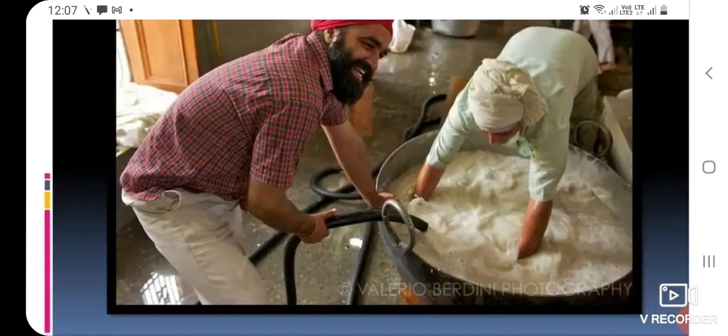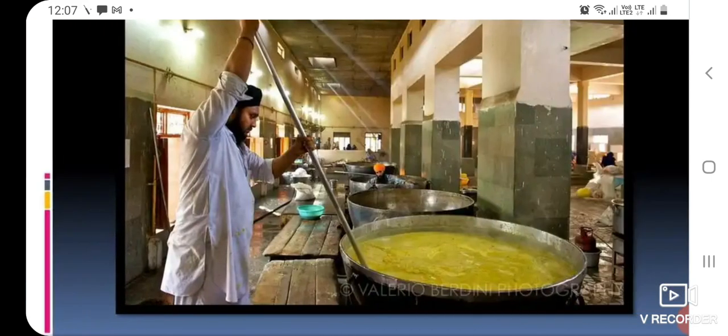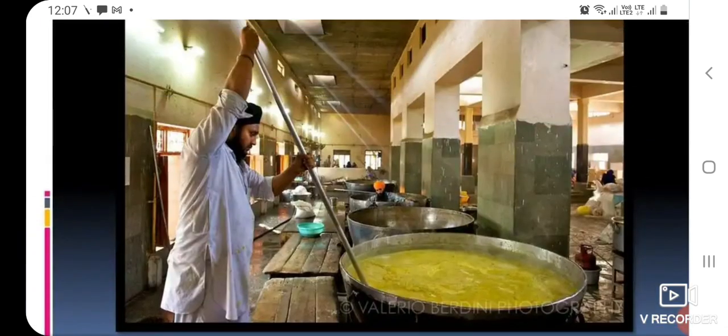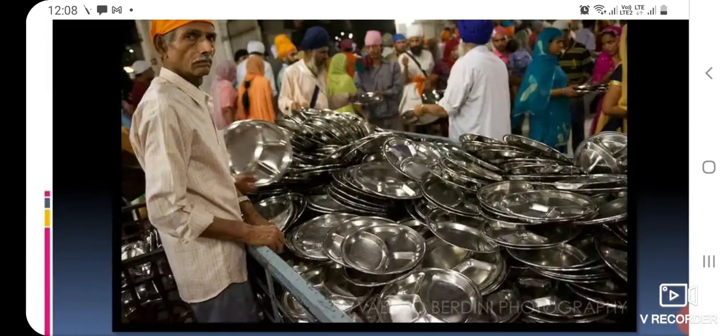How the dough is being made, see? And this is the dal being prepared over there. This is the place where utensils are being washed.